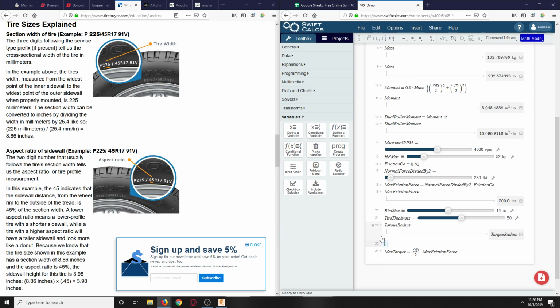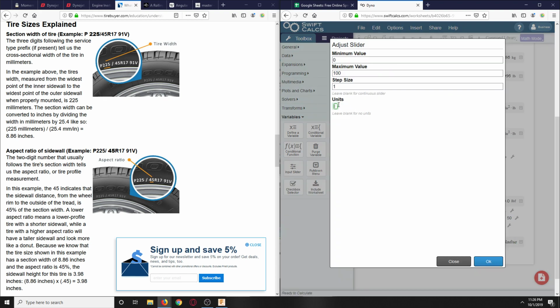So let's keep that there, indent this, and put in a slider here. We need a tire width, and this is going to be in millimeters. The maximum is, let's say, 350 or something. The minimum, obviously, is going to be like 100, I guess.